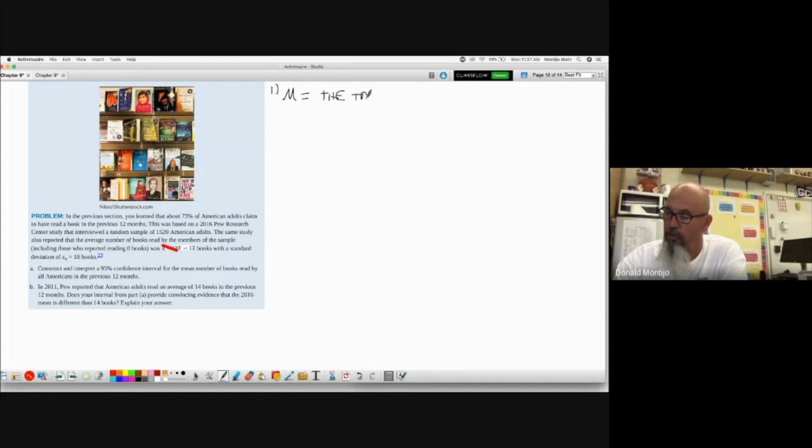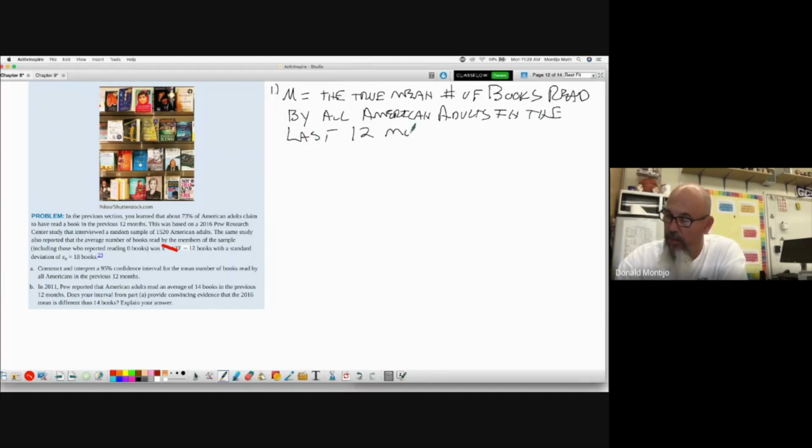The true mean number of books read by all American adults in the last 12 months.